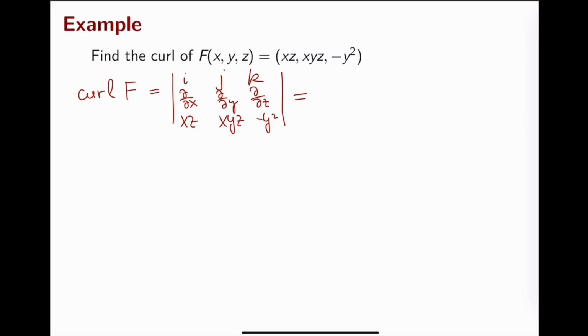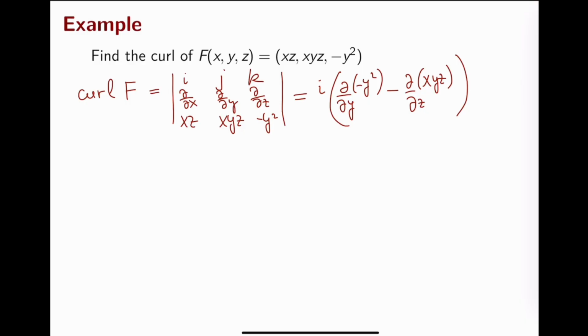And now we calculate this determinant. So this will be i times, and so the first determinant, which is this one here, will be the derivative with respect to y of minus y squared, minus this one here, the derivative with respect to z of xyz. That's the first component of the curl.